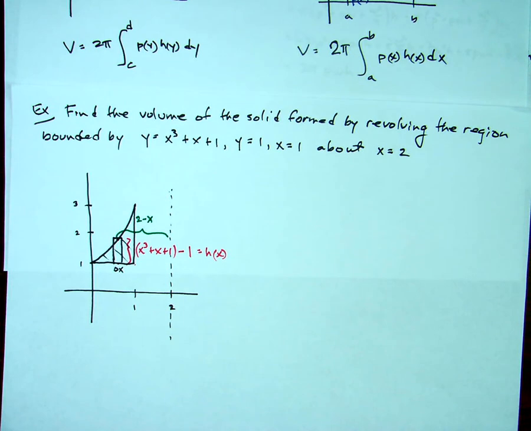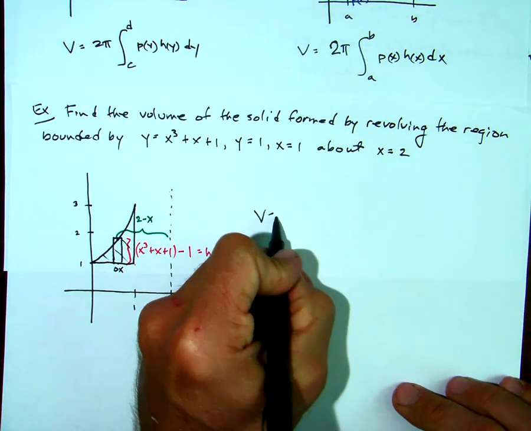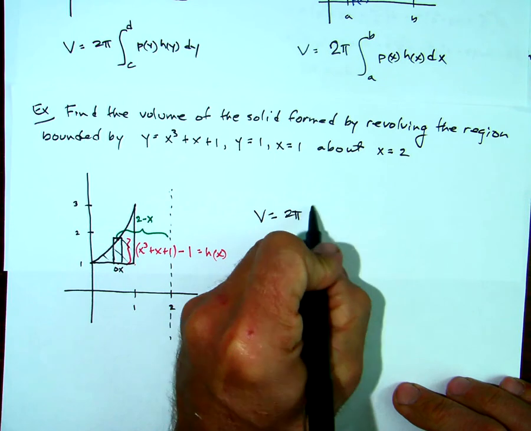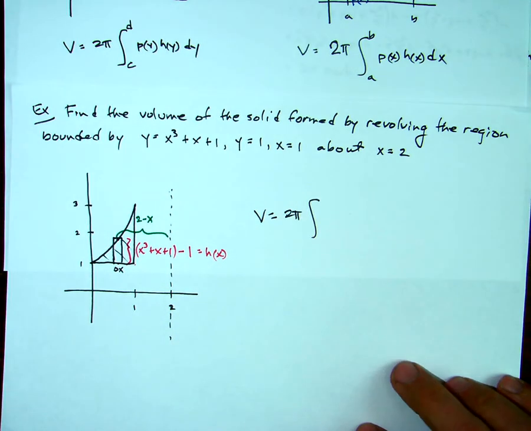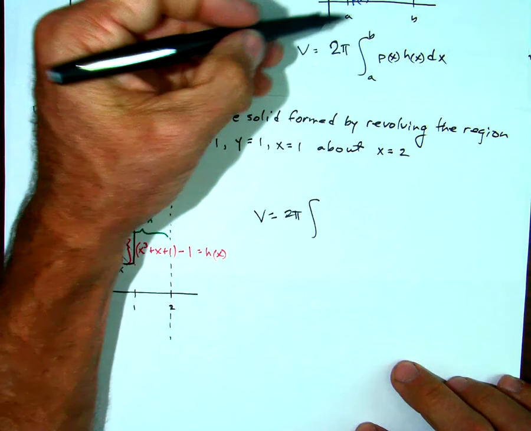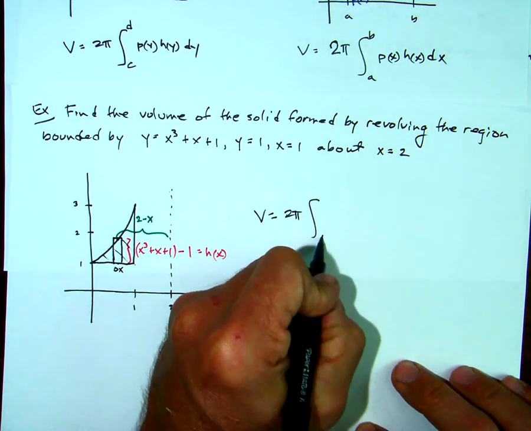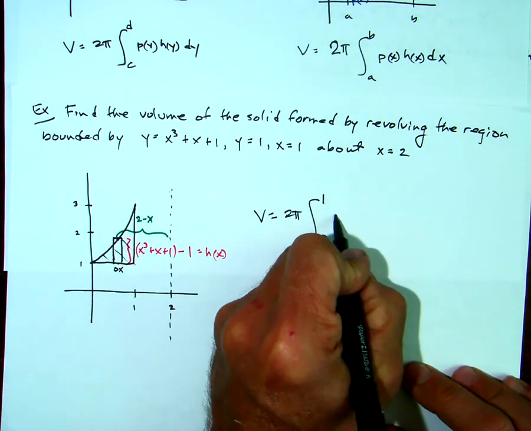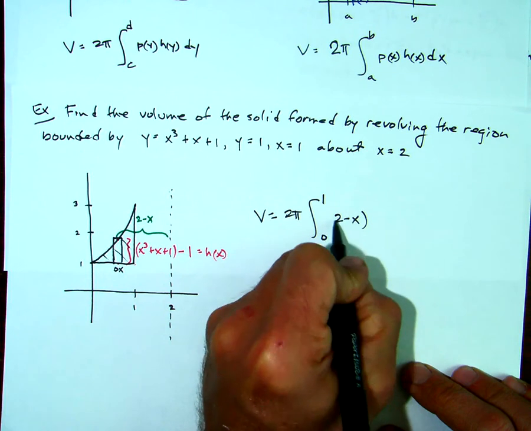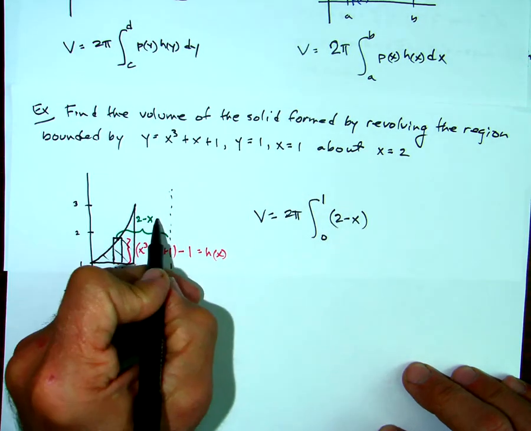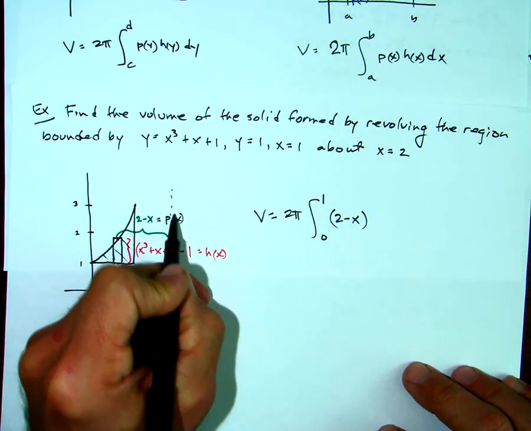All right, so let's put this all together then. We are going to end up with our volume equals 2 pi times the integral. Here we're integrating along the x-axis, so we're going to go from 0 to 1. And this is going to be 2 minus x, that's our p of x, times h of x.